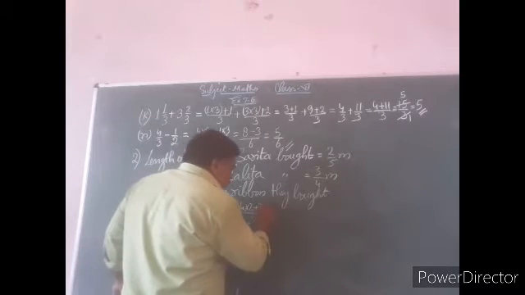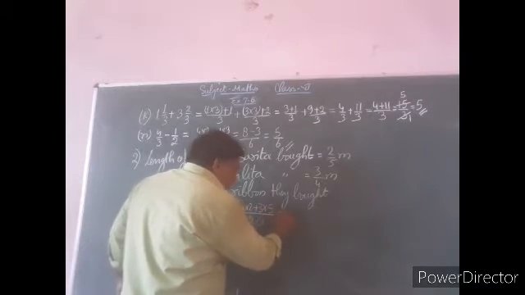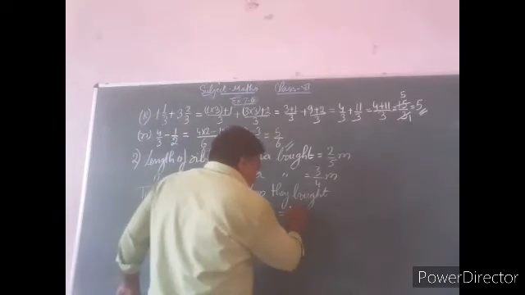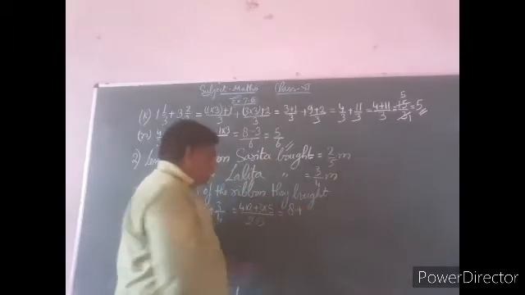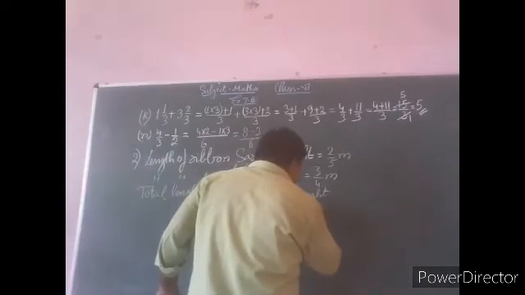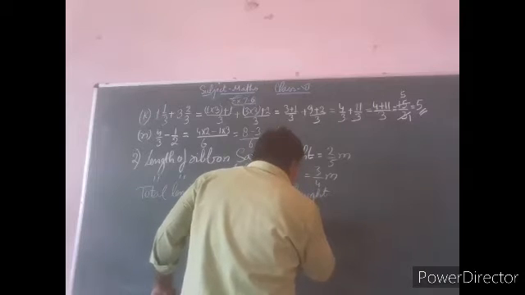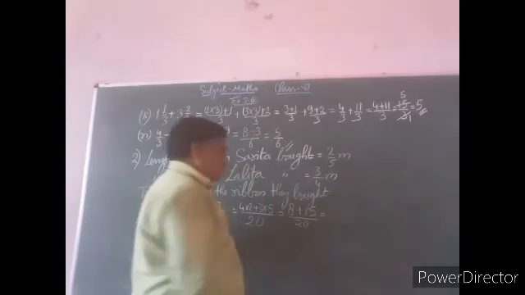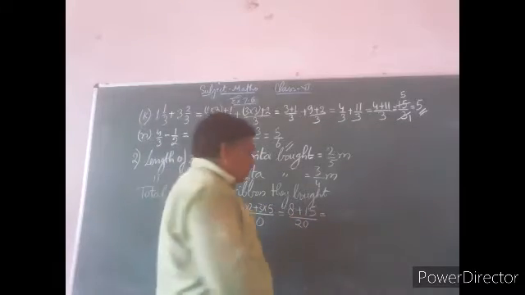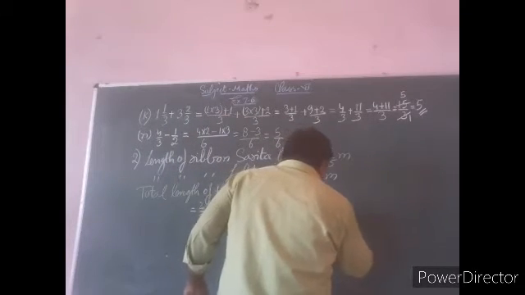So 3 into 5 equal to, 4 2s are 8 plus 3 5s are 15 upon 20, equal to 15 plus 8, it is 23.